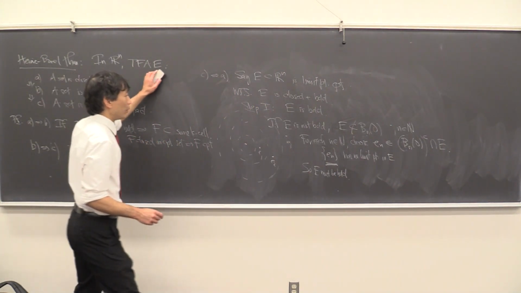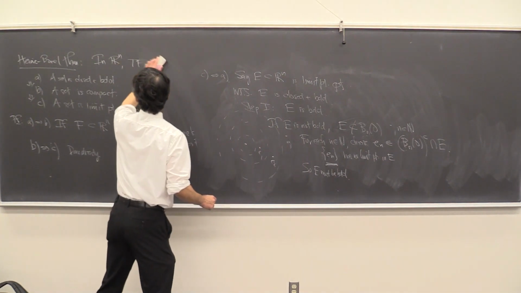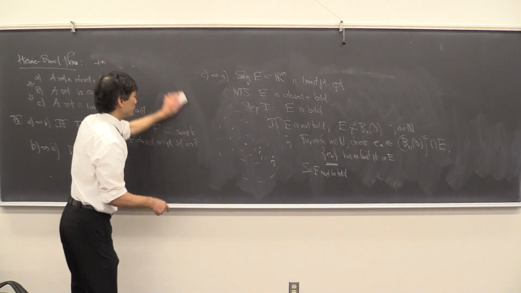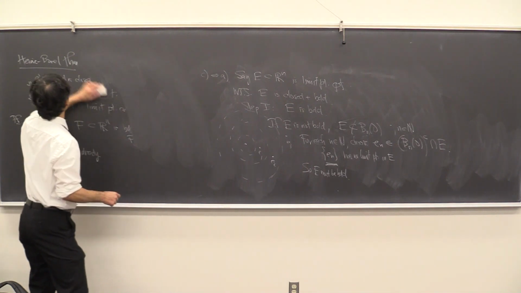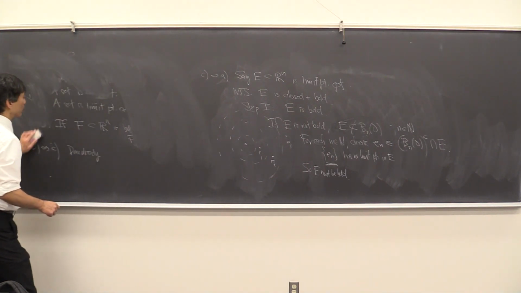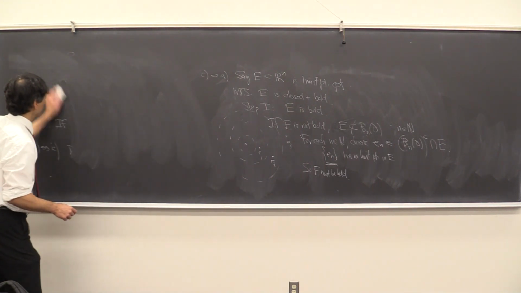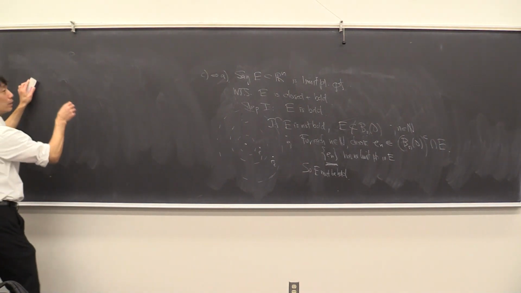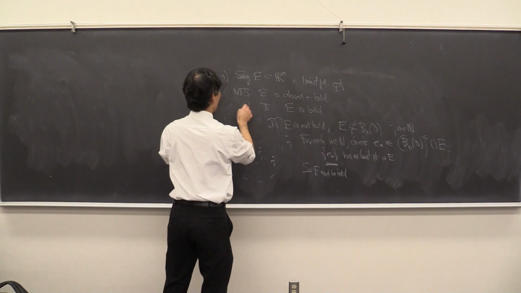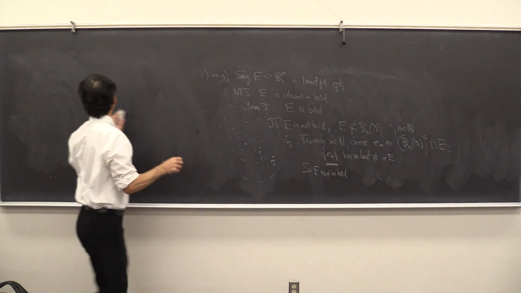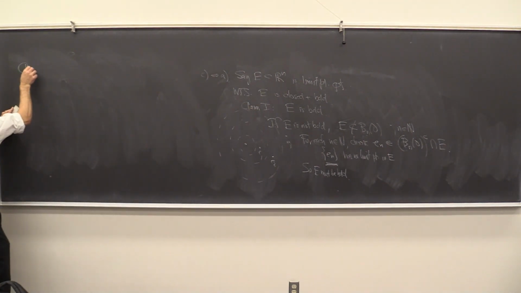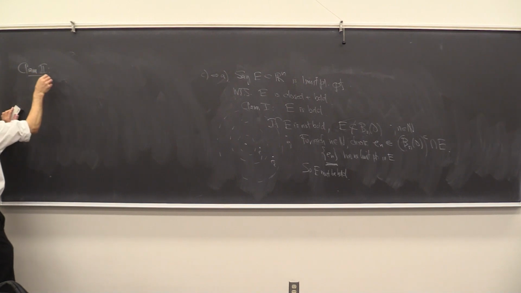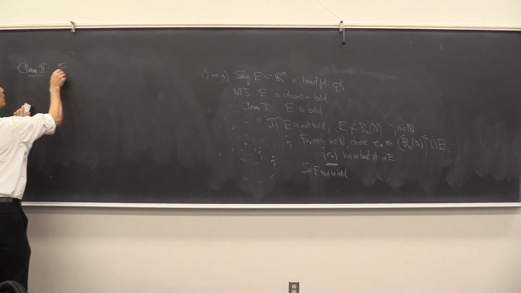Okay. Now the second part is to show that E is closed. Okay, so step 2. So second, I should call this like claim 1, E is bounded. Claim 2, E is closed.